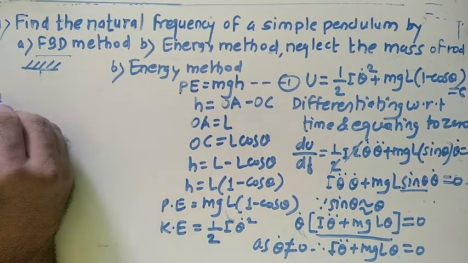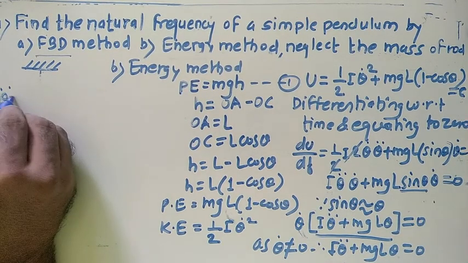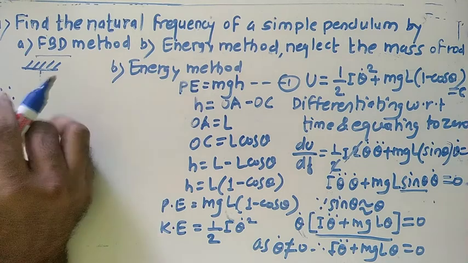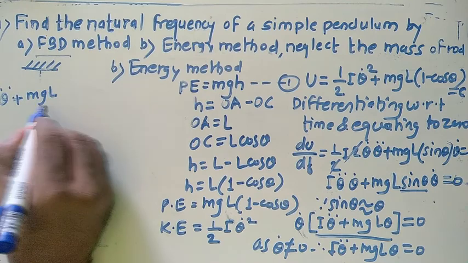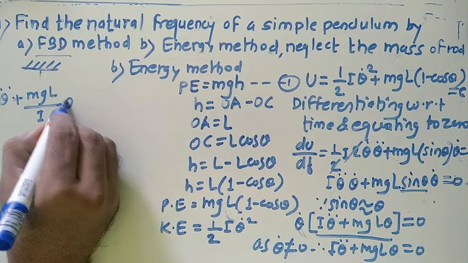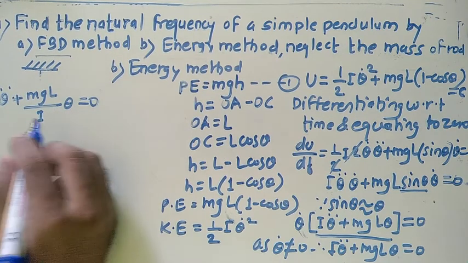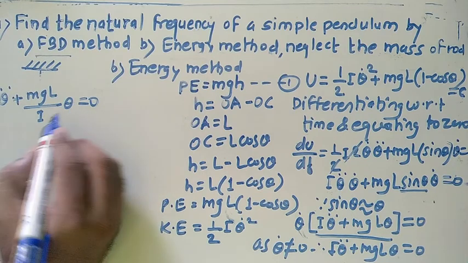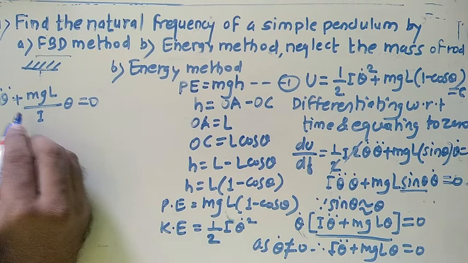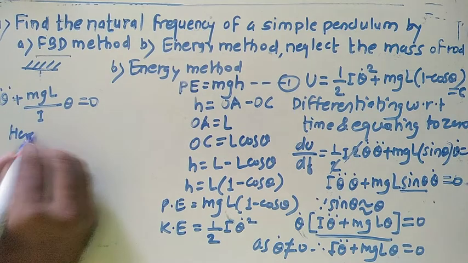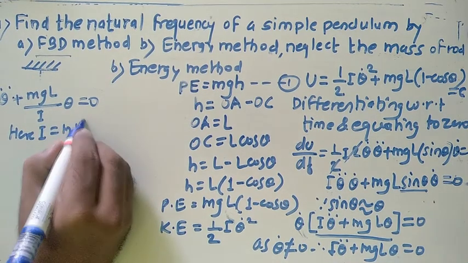So theta double dot plus mgl divided by I into theta equals 0. In this you can get the relation. For the concentrated mass, we already know here I equals ml square.